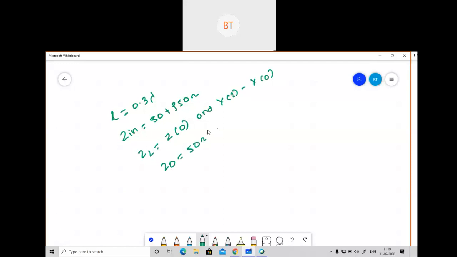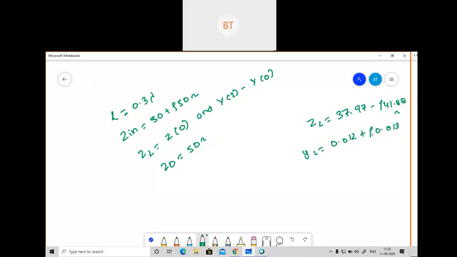Let me tell you the correct answer for this, then we will discuss the question. The correct answer for ZL is 37.97 minus J41.88, and for YL you will get 0.012 plus J0.013.